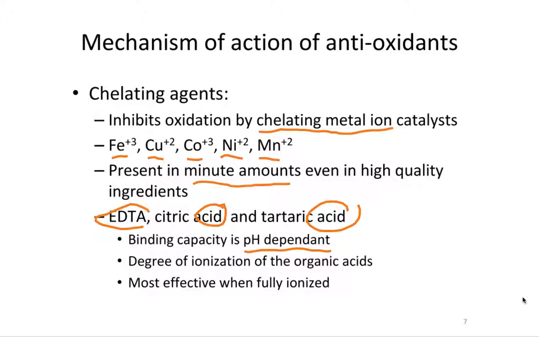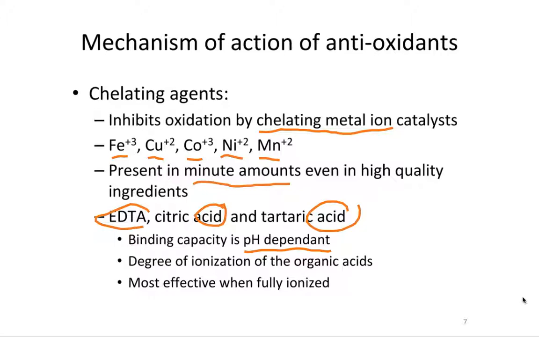So all of these compounds are acidic, and so the binding affinity and binding capacity are highly dependent on pH. The degree of ionization of these organic acids is going to be pH dependent, and typically these three chelating agents are most effective when fully ionized.